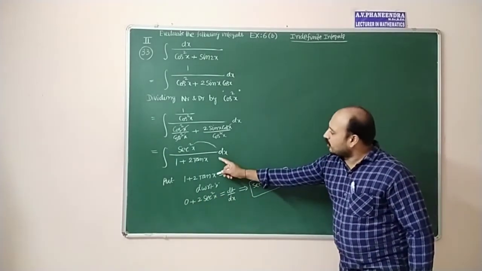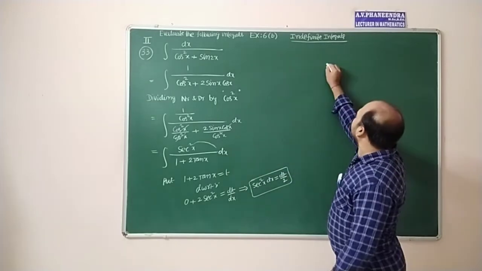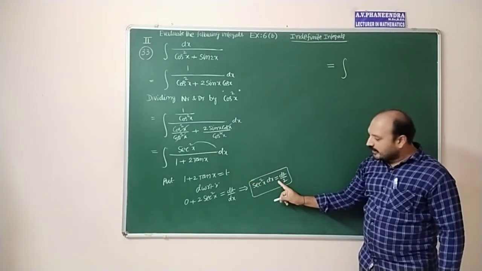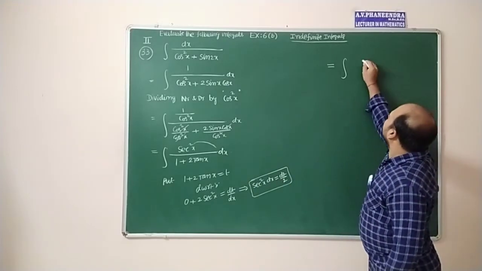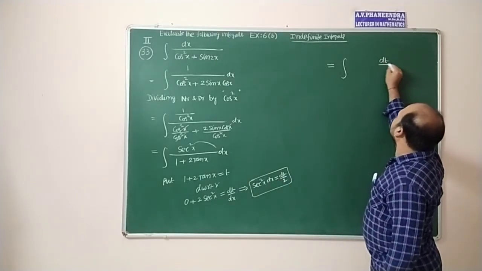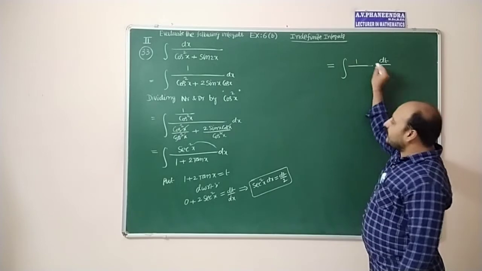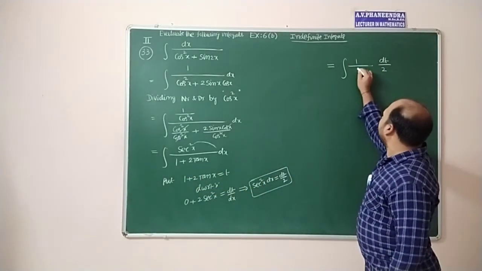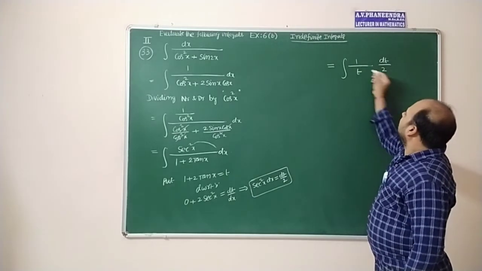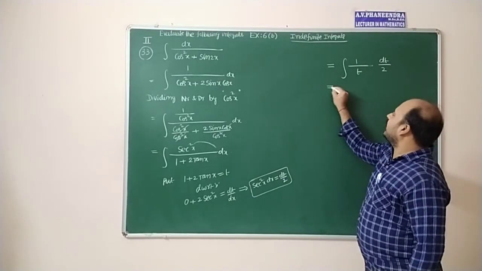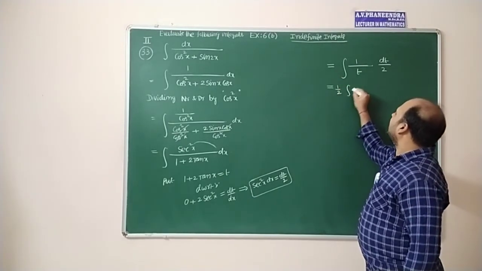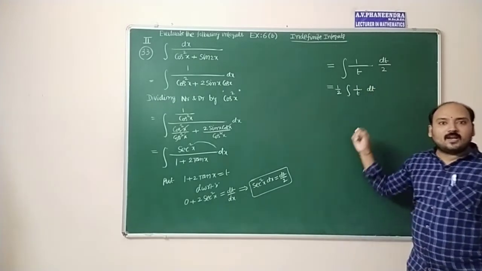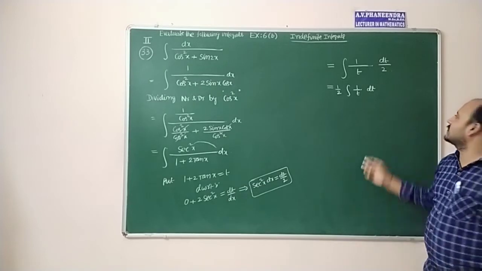Now this step becomes integral: in place of secant square x dx we have to write dt by 2. 1 plus 2 tan x is equal to t, so 1 by t. Here the constant 2 you can take outside: 1 by 2 integral 1 by t into dt. Integral 1 by x we know is log mod x.